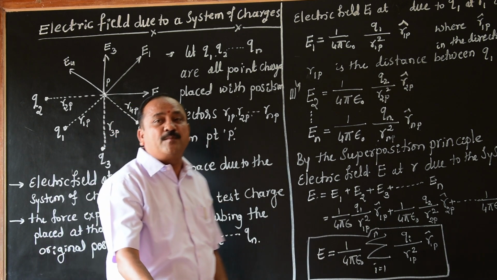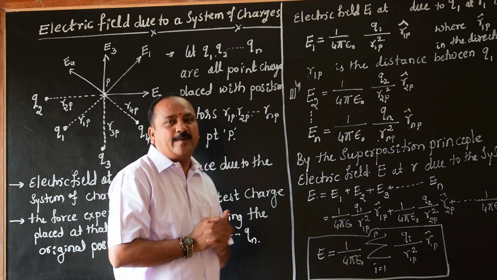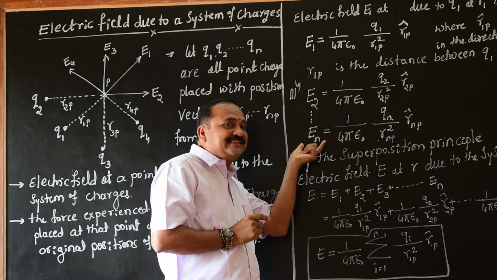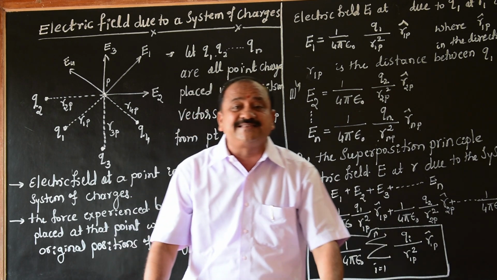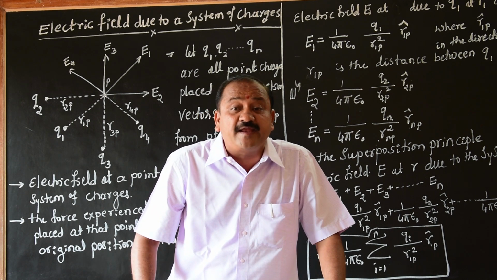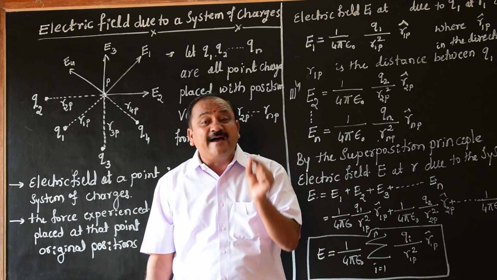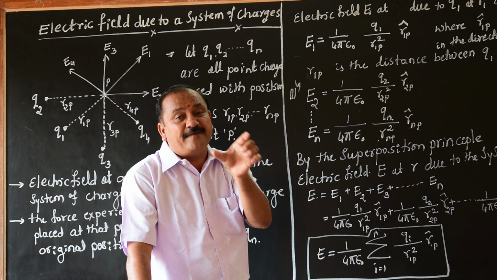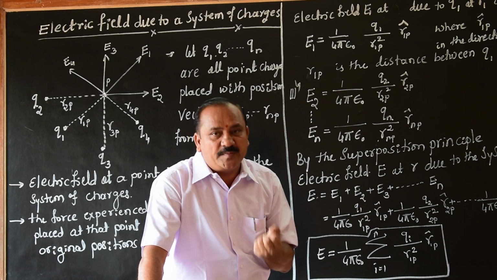As we already studied the principle of superposition of electric forces, exactly the same way we can use that principle in this case. Earlier we learned about the principle of superposition of electric forces: total force equal to F1 plus F2 plus F3 plus F4 and so on up to Fn.